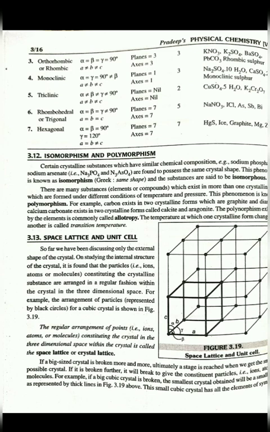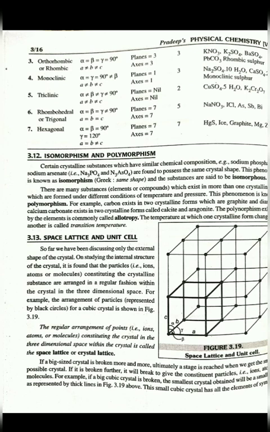Example: NaNO3, ICl. Seventh, hexagonal. Alpha equal to beta equal to 90 degrees, gamma equal to 120 degrees, a equal to b not equal to c. 7 planes, 7 axes, 7 point groups. Example: HgS, ice, graphite, Mg, Zn, Cd.